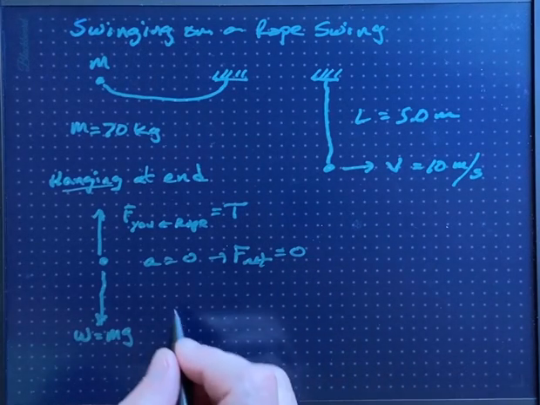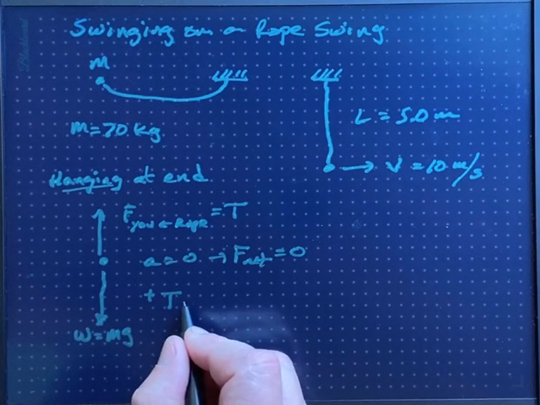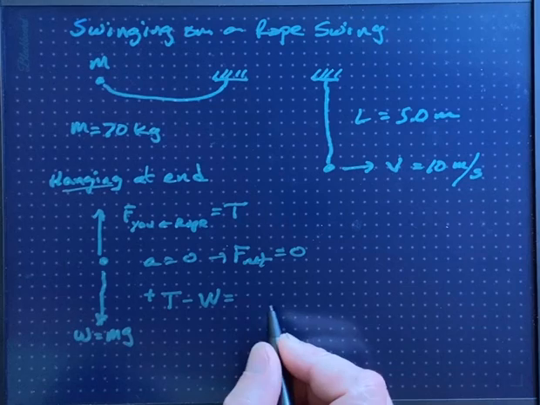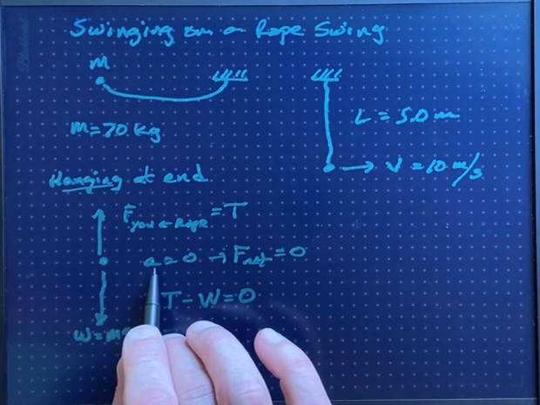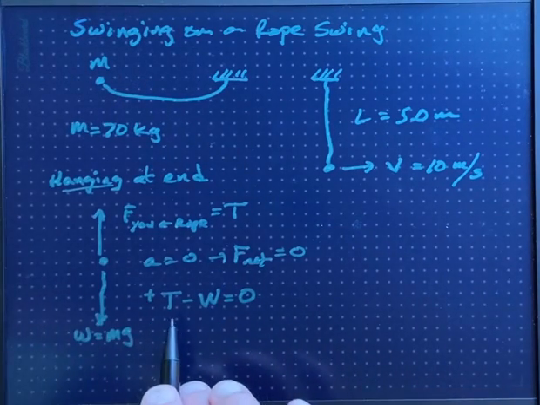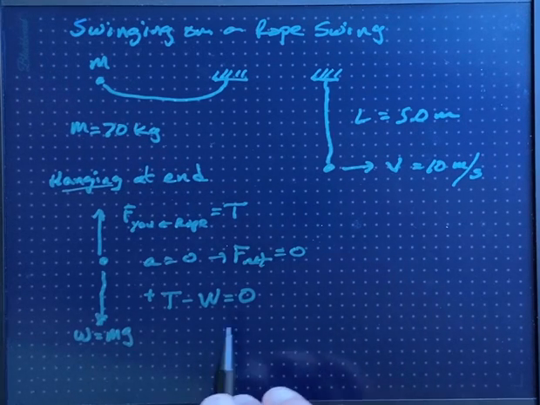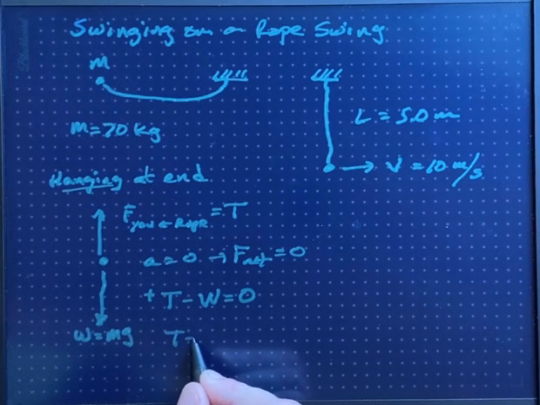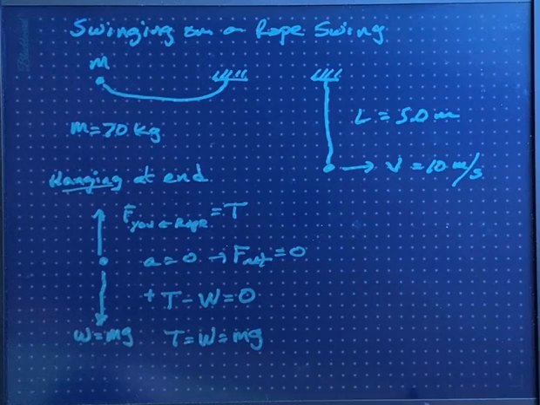And that would mean that the tension force, which points up, minus the weight force, minus because it points down, has to be equal to 0. So by looking at the acceleration, you figure out what the net force is. And by looking at the forces that are actually exerted, you figure out what forces make up the net force. So we learned that the tension force has to be equal to your weight, which would be equal to mg.